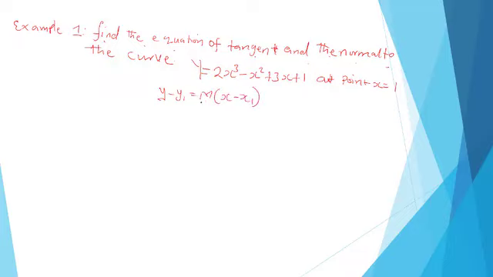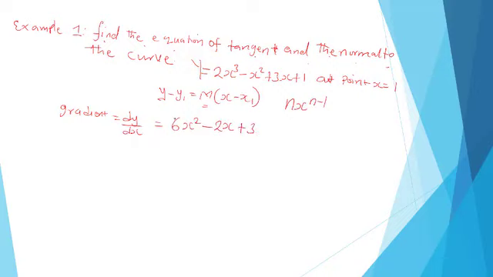Remember, the value of our m is the gradient, and the gradient is equal to dy/dx, that is, differentiating this with respect to x. If you differentiate this, remember the formula for dy/dx is n x to the power n minus 1. So let's apply it here. You now have 6x squared minus 2x plus 3.